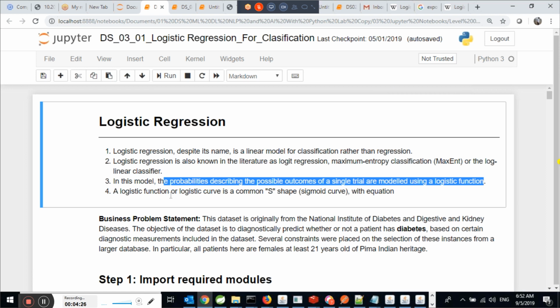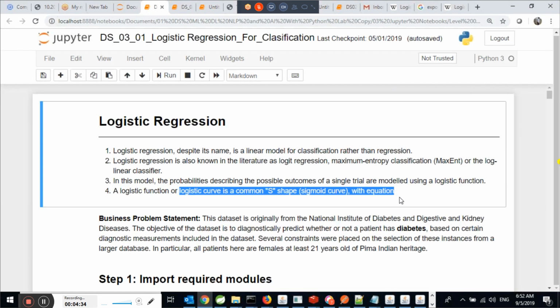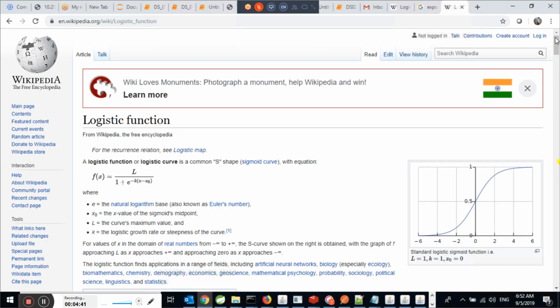A logistic function or logistic curve is a common S-shape called sigmoid with equation. So don't worry, we'll see the meaning of logistic function here. First we'll understand the logistic function, and then we'll come to logistic regression.